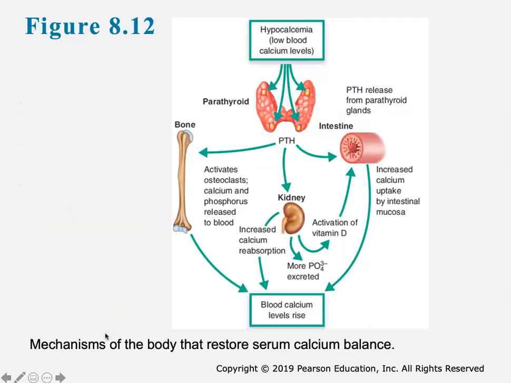I'll show you actually right here, right? So this phosphate is involved in this process here. And again, remember, right? Because when parathyroid hormone acts on the bone, right, and breaks down, these osteoclasts essentially break down the bone to release calcium, it also releases phosphorus too, okay?